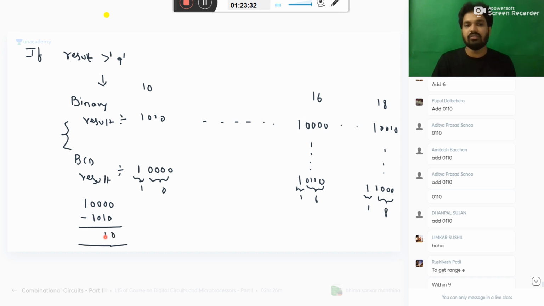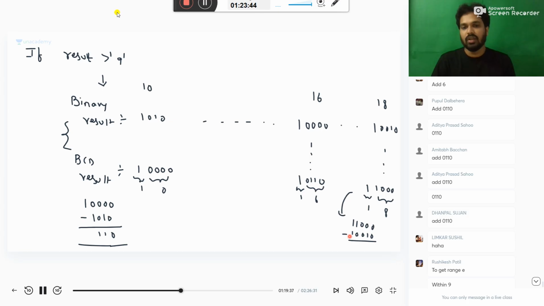If you calculate, it will be 6. Similarly here, what is the difference between 11000 and 10010? It will come out to be 6 undoubtedly. So this is the reason: because the difference is 6 every time, we are adding 6. By subtracting these two, you understand that every time the difference is 6.